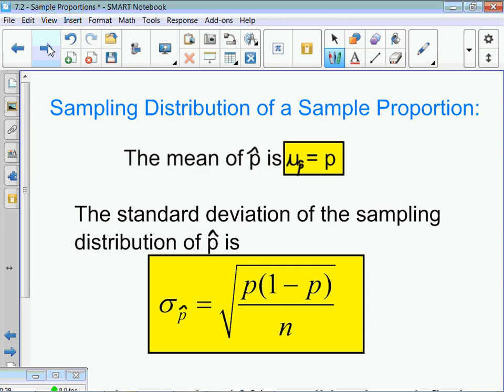So sampling distribution of a sample proportion. What's the mean of all the little p hats? Okay, mu of p hat. So this symbol right here, if you can't read it, says mu of p hat. That is the mean of all the p hats.